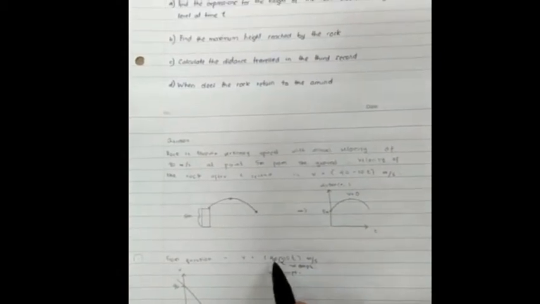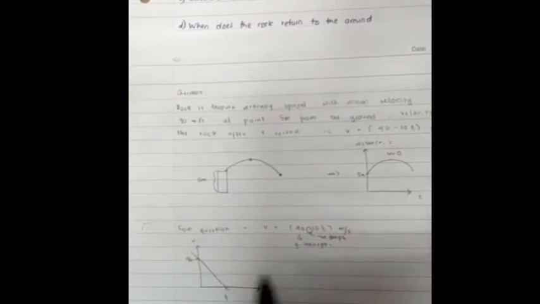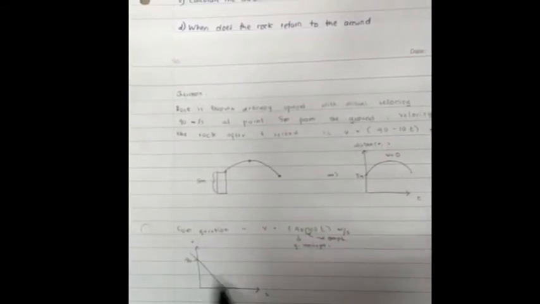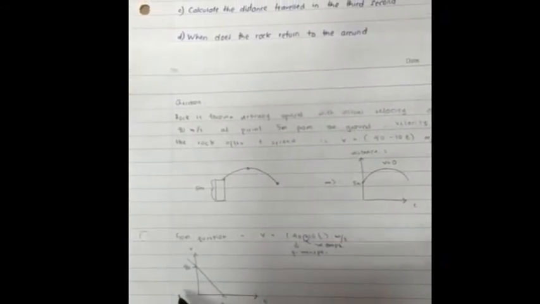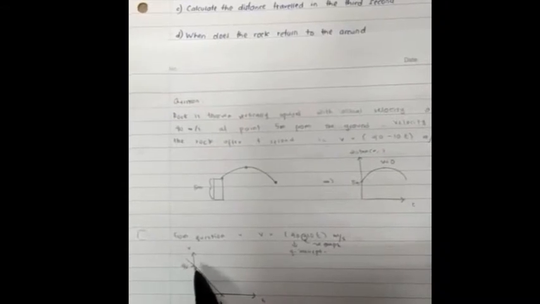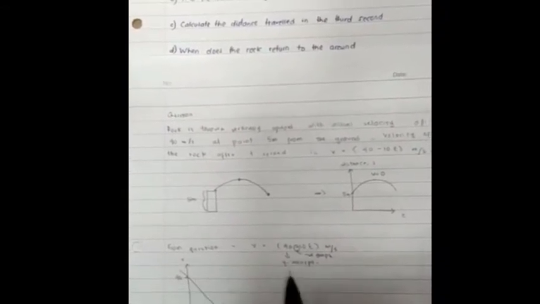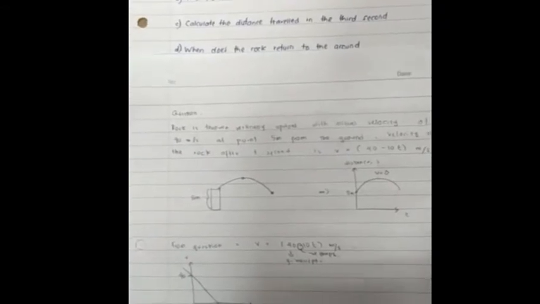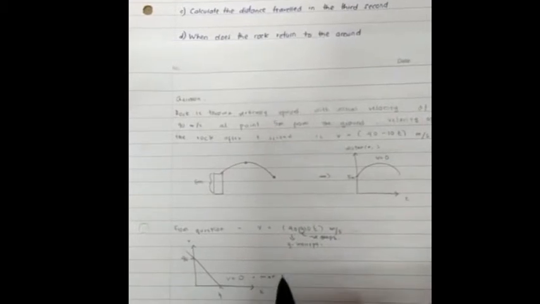The y-intercept is 40, and this is a negative graph because of the negative sign. When t is equal to 0, the velocity is 40 meters per second, and when t is equal to 4, v is equal to 0, which means the maximum height.